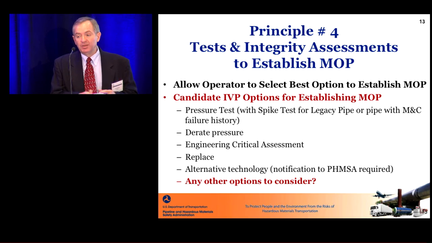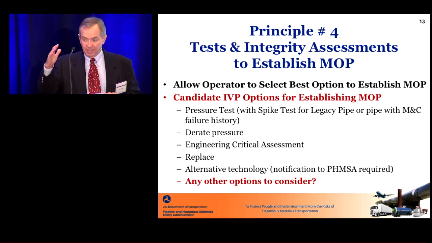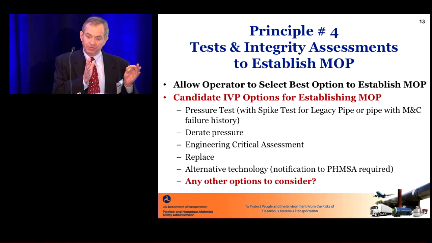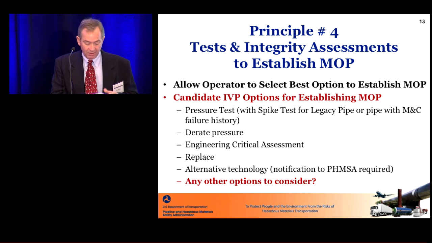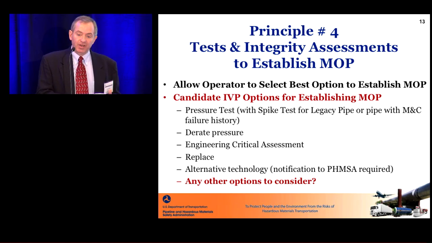And if you derate the pipeline, how much do you derate it, and how often do you look at that? Can you continue derating it, or is it just for a set time period, and then you have to do something else? Engineering critical assessment. What is an engineering critical assessment? If you're using inline inspection tools, how do you verify them? How do you make sure you're getting good information?